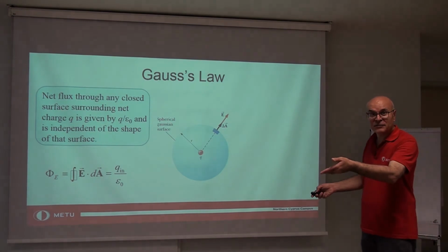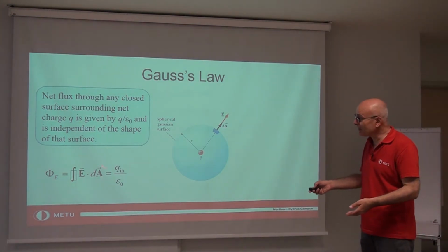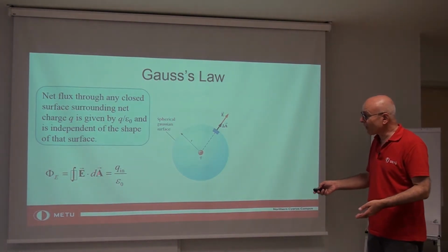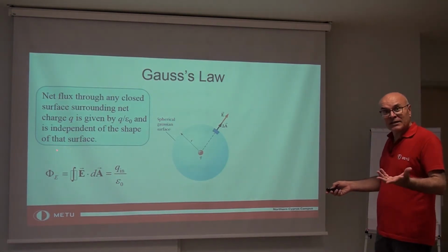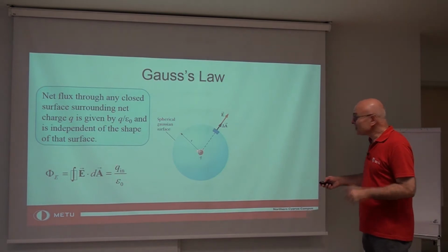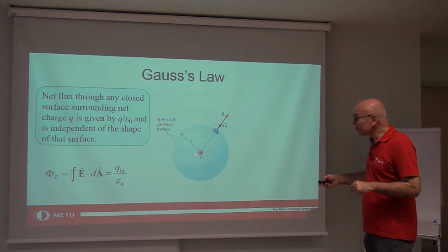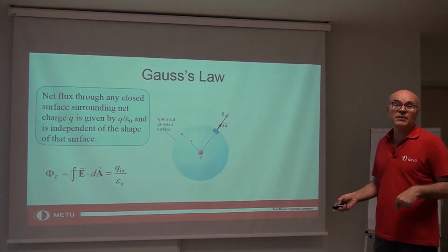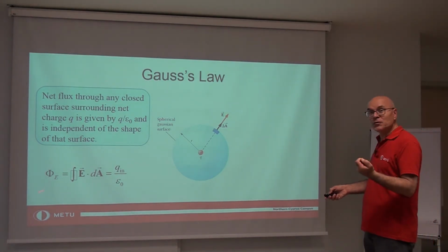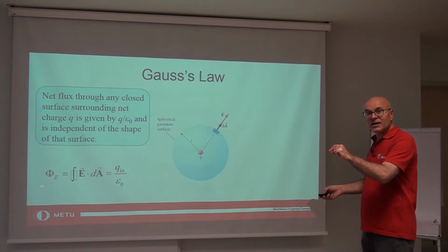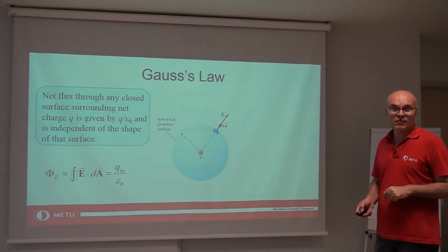This is the left-hand side of Gauss law, saying if you evaluate this integral, find this flux at the surface, the result that you get is numerically equal to simply the charge enclosed by the surface divided by epsilon naught. So this whole complicated thing boils down to charge inside the surface divided by epsilon naught.